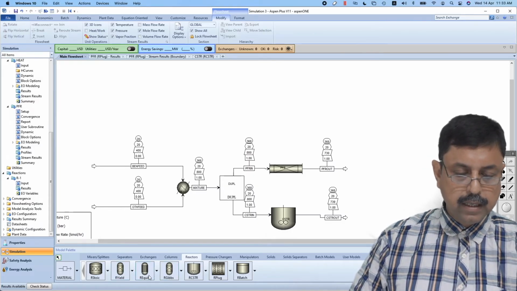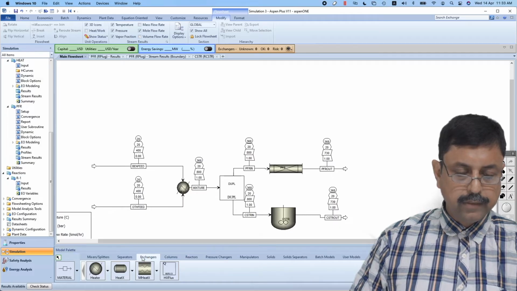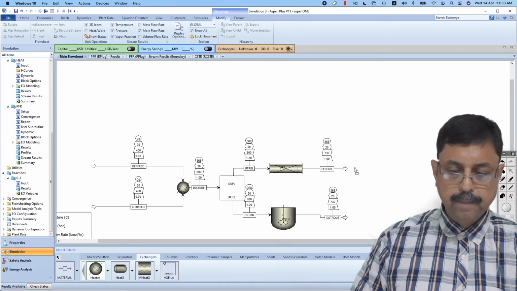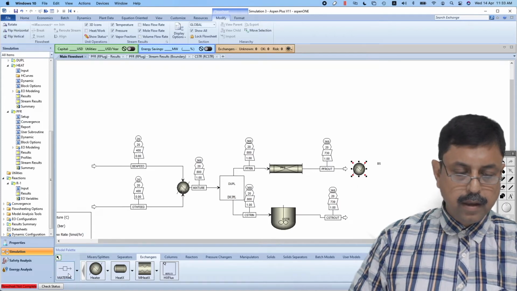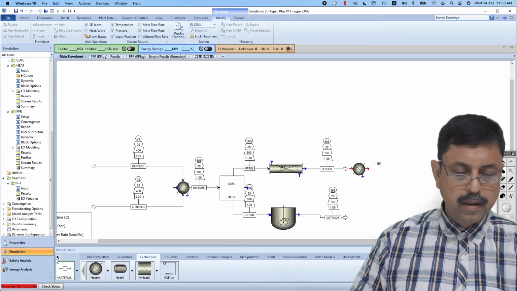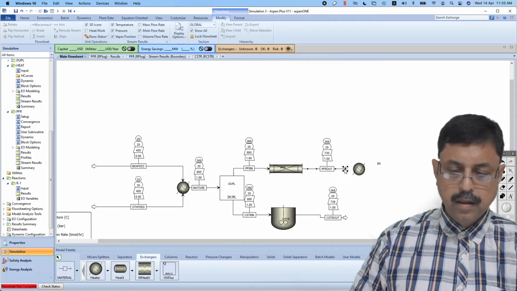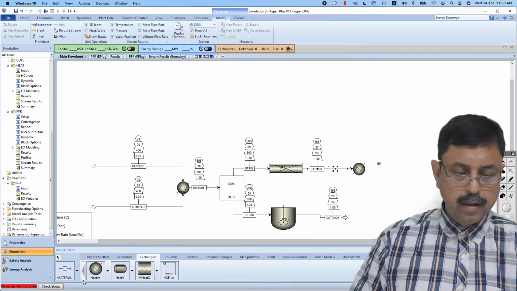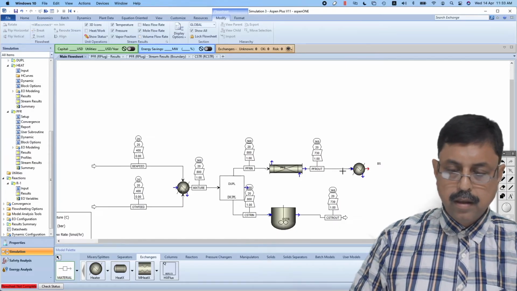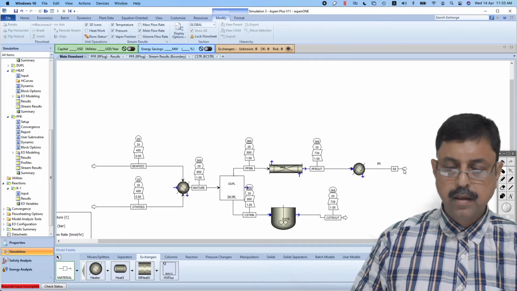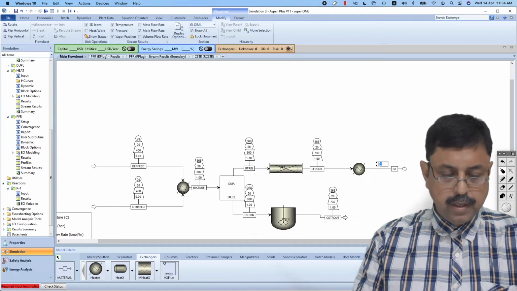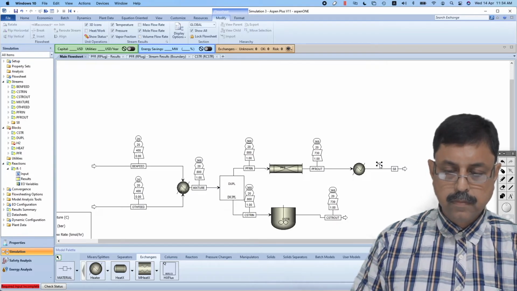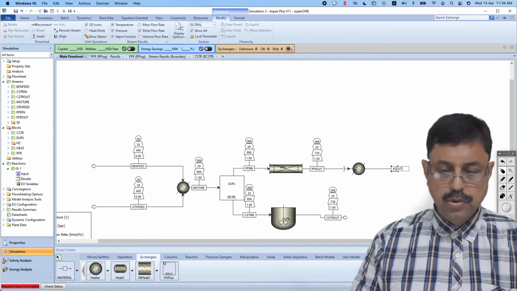So place one exchanger. This is heater 2. And this is H2 out.